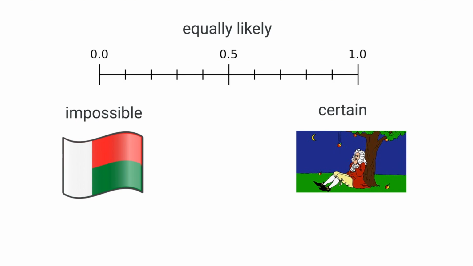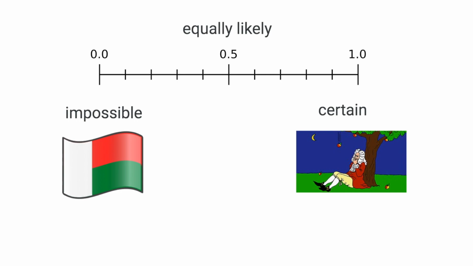So in this image here, I have the scale starting from 0, and we describe 0 as impossible. If your event is right in the middle, 0.5 or 1/2, we say that it's equally likely. And if that probability is 1 or 100%, we say that it's certain. It is sure to happen.